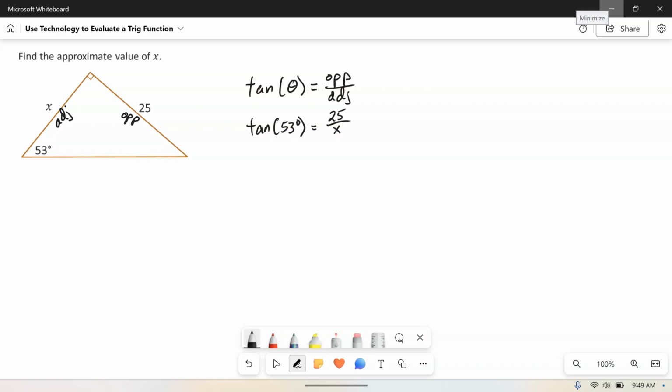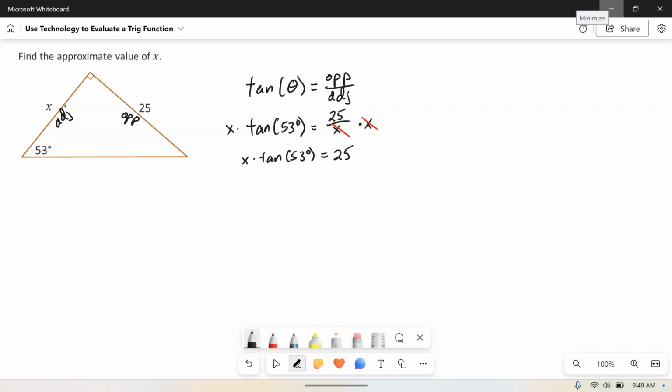So to do that, we could first multiply both sides by x. The reason we do that is because we have an x here in the denominator, and that's going to cancel when we multiply both sides by another x. And so now we have x times the tangent of 53 degrees is equal to 25.